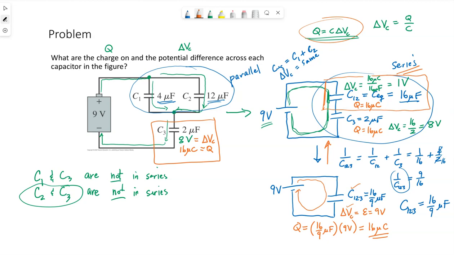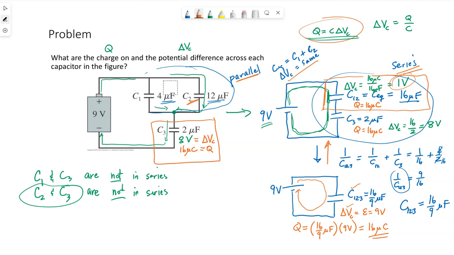This C12 represented the equivalent of C1 and C2 in parallel. In parallel, they have to have the same potential difference across them, and that is the same potential difference as their equivalent.